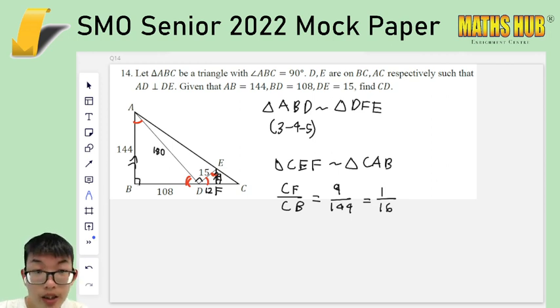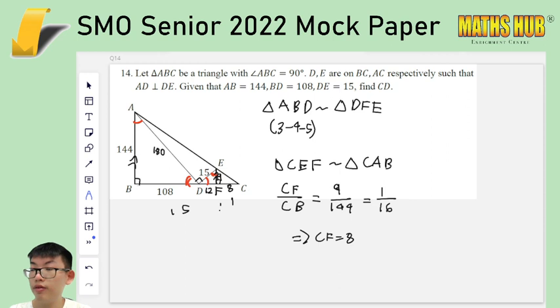So if we solve this, that means that CF to FB is in the ratio 1:15, FB is 120, so CF is equal to 8. And so this implies that CD is 8 plus 12 equals to 20.